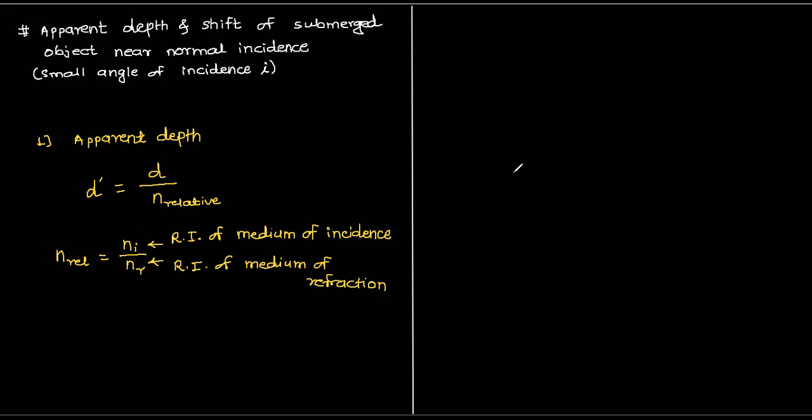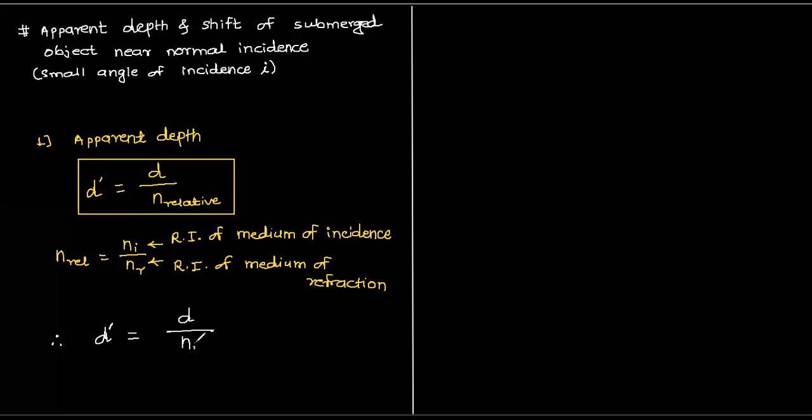So if I am using this formula again, substituting these values of n relative here, what we are getting, therefore d dash is equal to d divided by n relative, which is ni by nr.